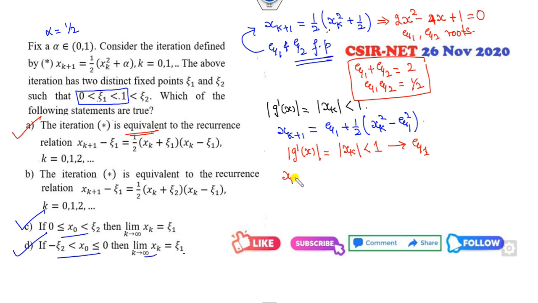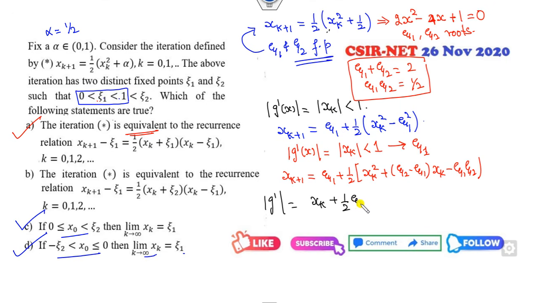Look at the second option. x_{k+1} is xi1 plus half. If I open this bracket, xi2 minus xi1 times (x_k minus xi1), then what is the derivative? x_k plus half xi2 minus xi1. Clear? Now clearly, what is xi2 minus xi1?